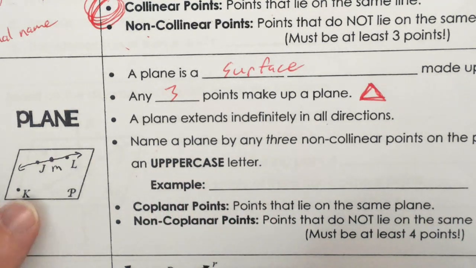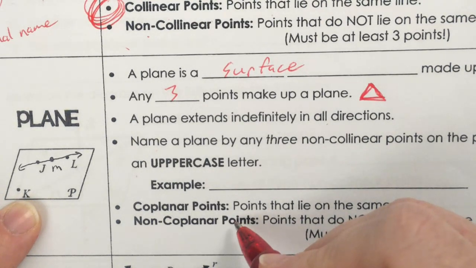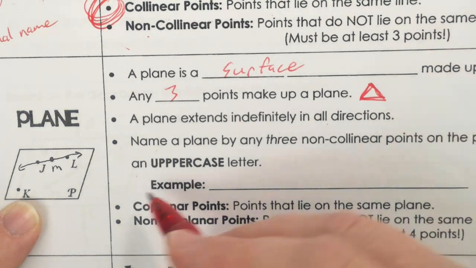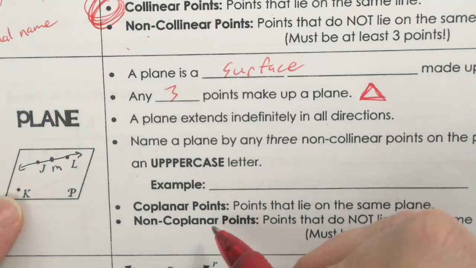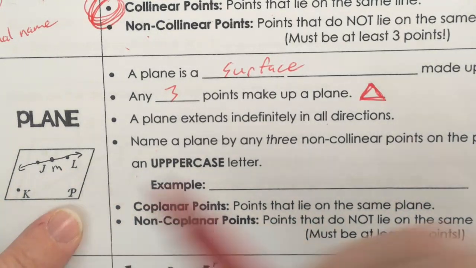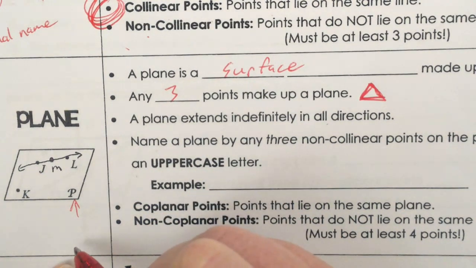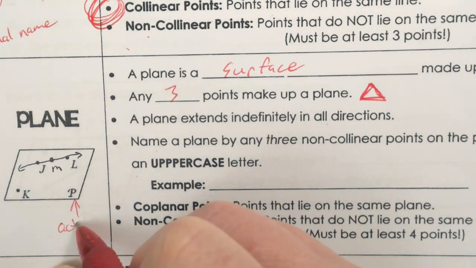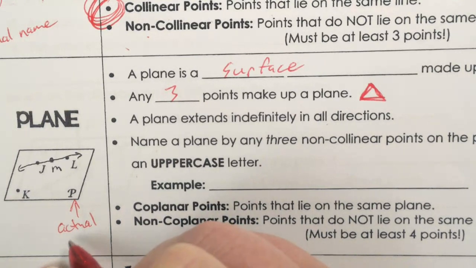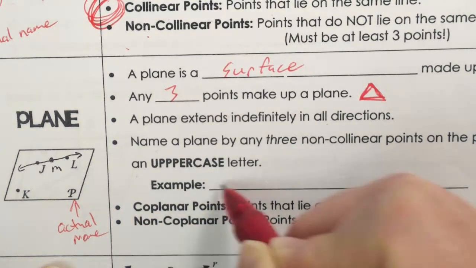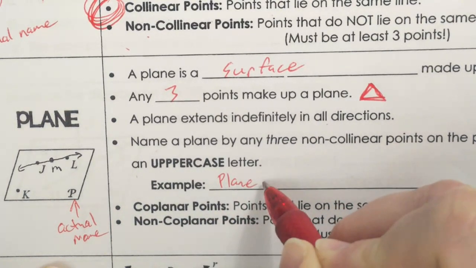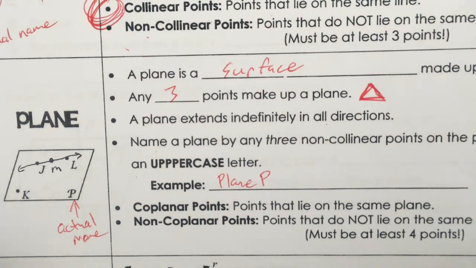So what do we have here? Remember, it needs to make a triangle. See this P right there? That's the actual name of the plane, because notice it's not a point. So we can say plane P. That would be one possibility.